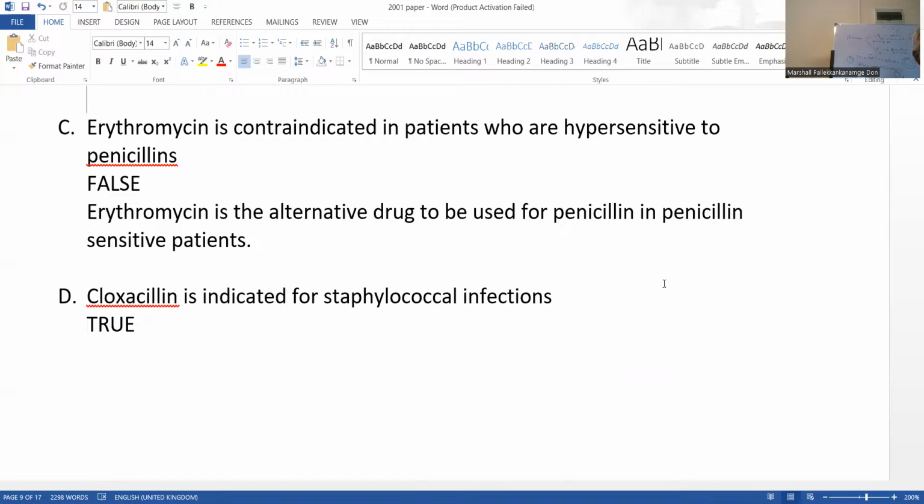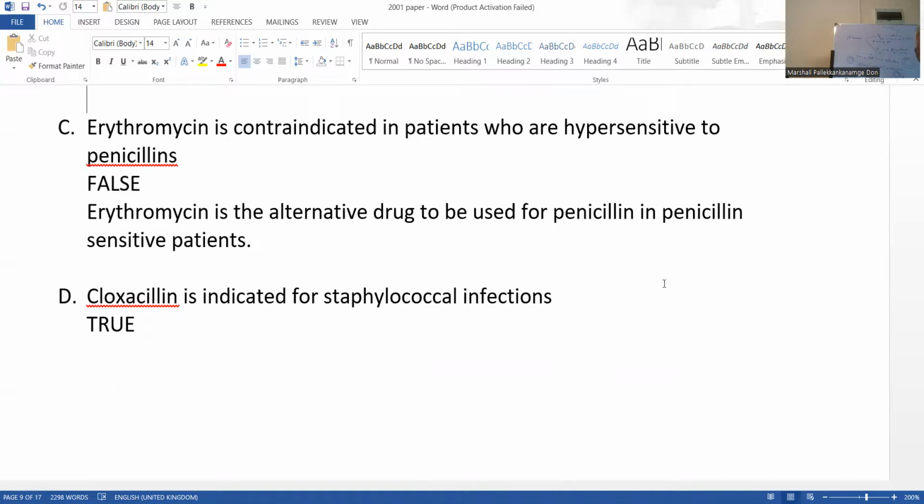But erythromycin is not like that. You can give erythromycin for patients who are allergic to penicillin. Erythromycin is not contraindicated. It's a safe drug.